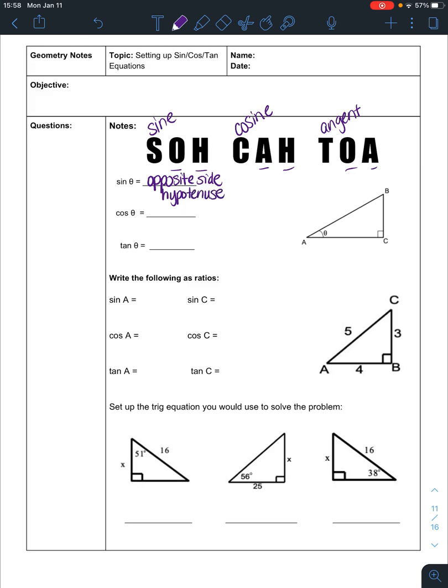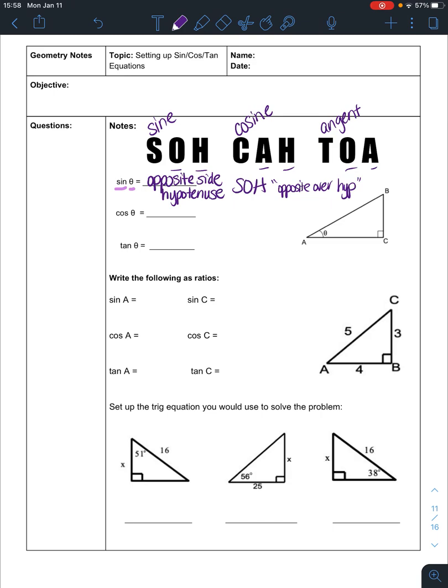Every equation is going to be set up this way: a trig function with an angle, and a side over a side. SOH tells you how to do that: sine is opposite over hypotenuse. That's how you would read S-O-H, opposite over hypotenuse.